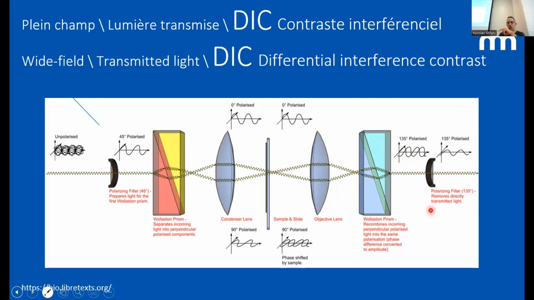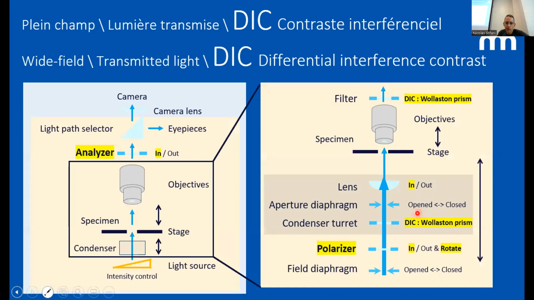So in this process, we use one light, we make it go one way, and we remove at the end everything that hasn't moved. And in between, we split the beam in two, and we keep only the beam that has been kind of modified by the sample. On the microscope, what does it involve? It involves the same thing as the polarized light.